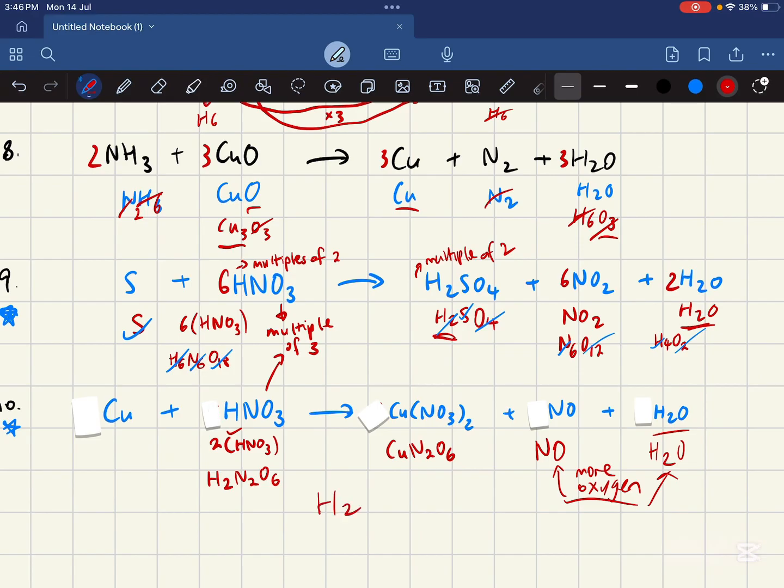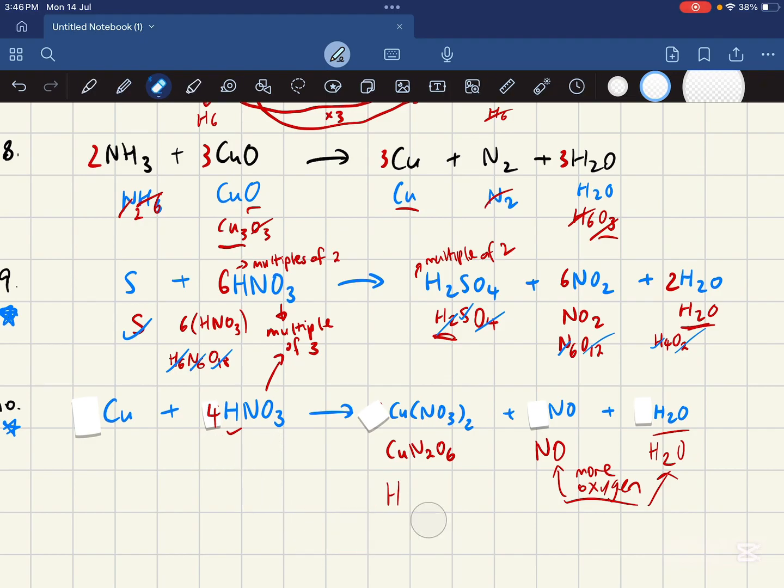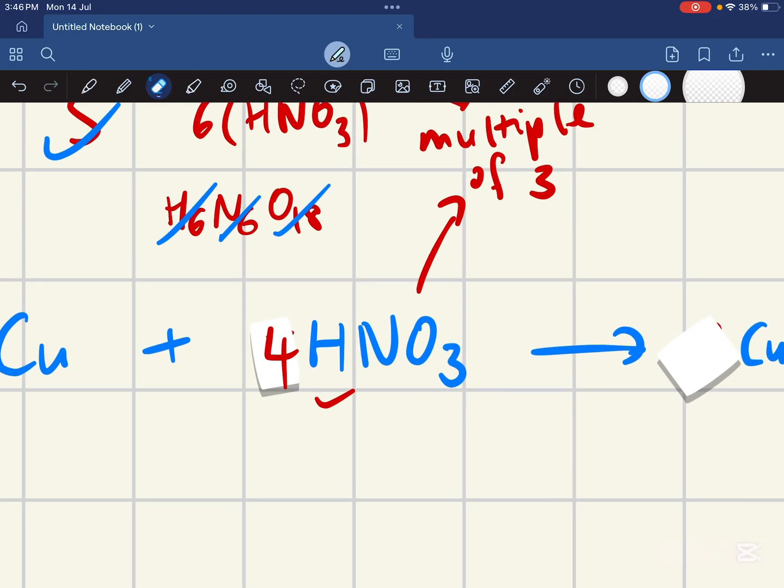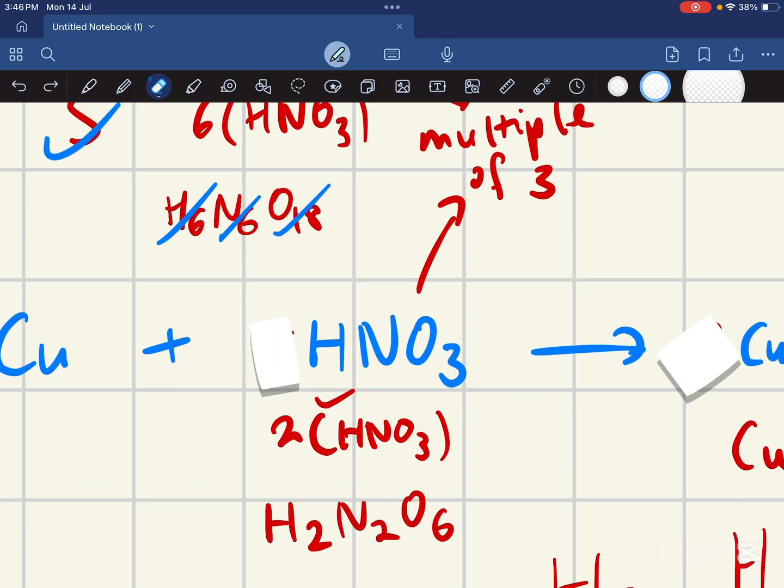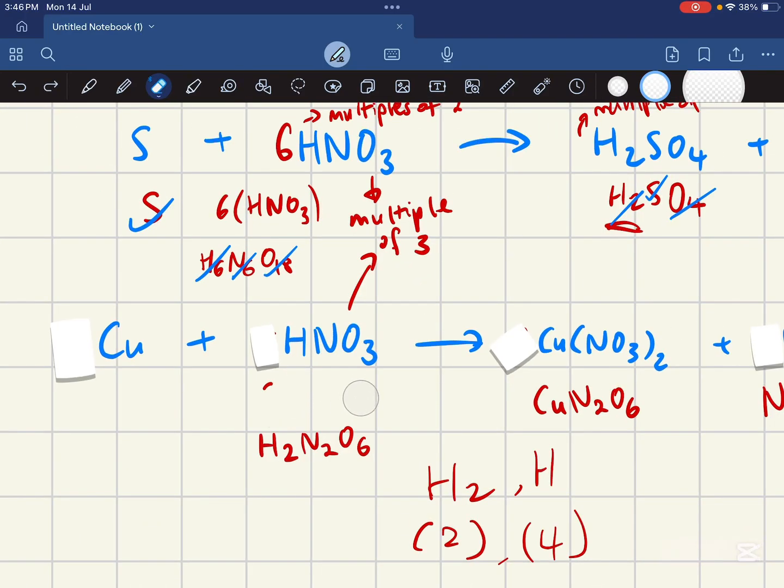The next one can be 4 as our least common multiple, the next multiple. So let's try multiplying this by 4, for example.